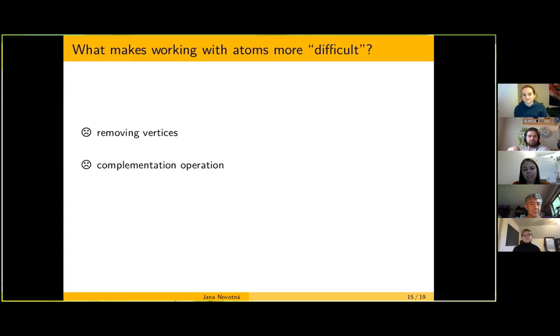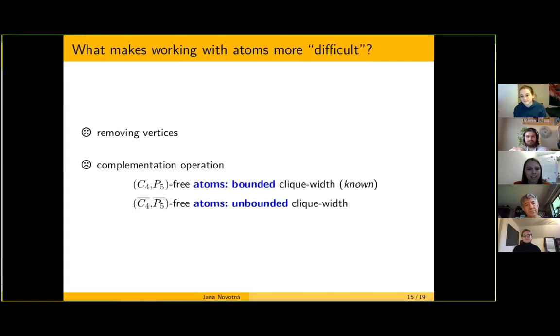Similarly, you are allowed to do complementation operations, so you can replace edges with non-edges and vice versa, and still you don't change the boundedness of Clique-width. But neither of these operations preserves the atoms.